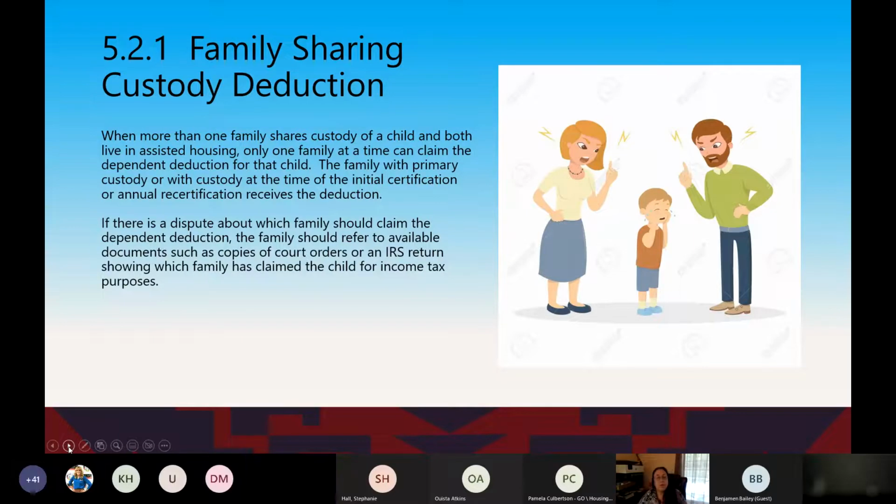If there's a dispute about which family should claim the dependent deduction, you should try to go to a valuable document such as court orders and perhaps their IRS return showing which family has claimed that child for income tax purposes. You have to make them come upon an agreement or whatever, but you can't give it to both of them.